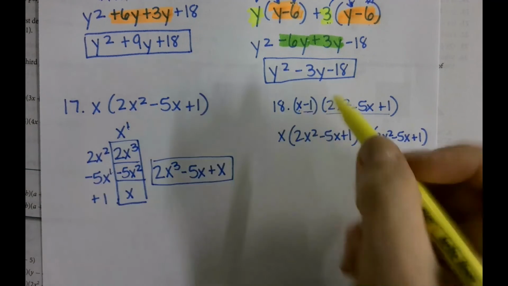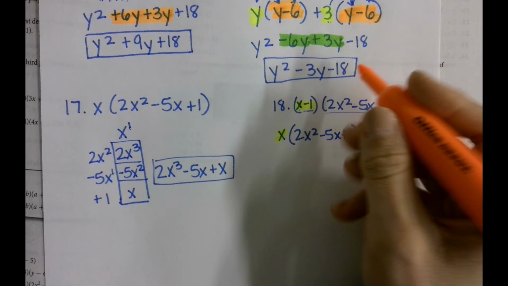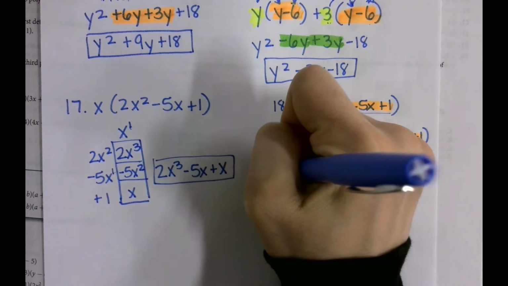So again, to highlight what I'm doing, these terms are on the outside, multiplied by this polynomial in the second set of parentheses. Then we distribute x times 2x squared, which is 2x cubed. Then we have x times negative 5x.